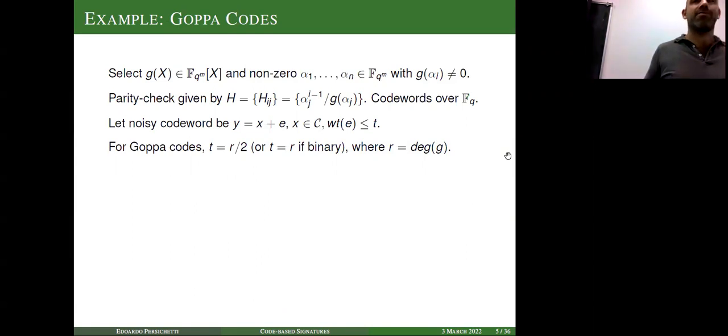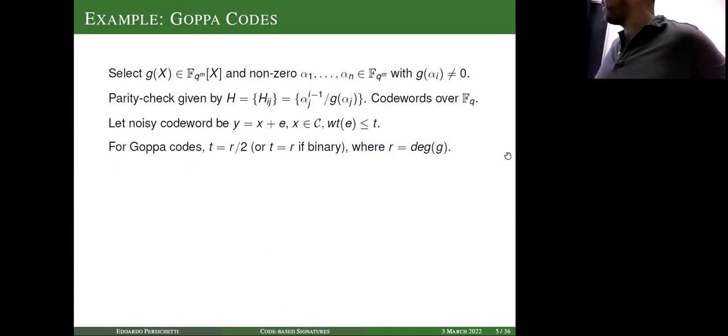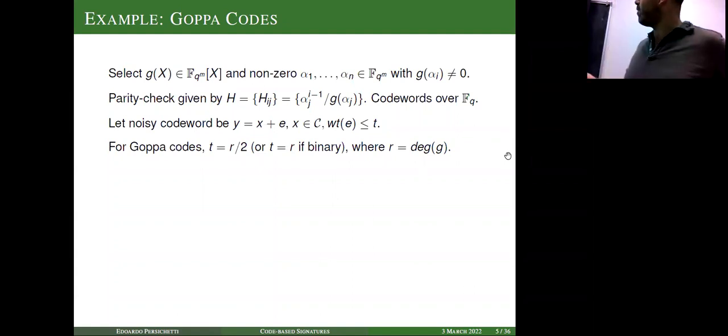Arguably one of the most important classes of codes, at least in the cryptographic usage, is Goppa codes. These are defined algebraically. This is a simplified version, but essentially they are defined via a polynomial over an extension field, and what is called a support, a bunch of elements that are not roots. So we choose a polynomial, and we choose some elements that are not roots.